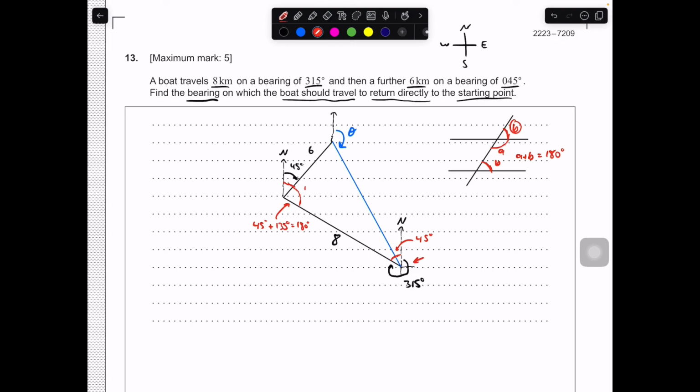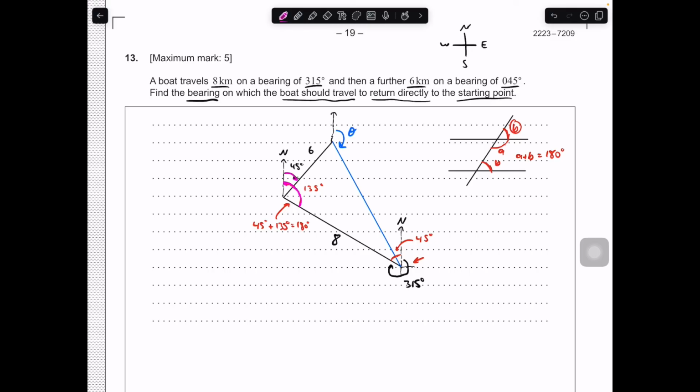So we know that this is 135 degrees. And this is interesting, this is helpful, and this is very nice. 45 degrees right here, this is 135 degrees. If we take away 45 from 135, 135 is us sweeping through this whole thing.